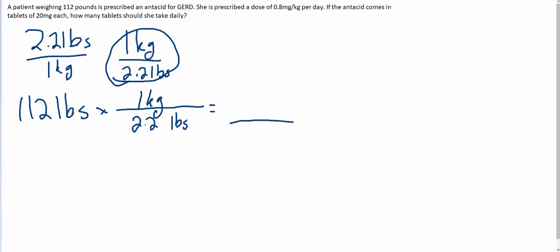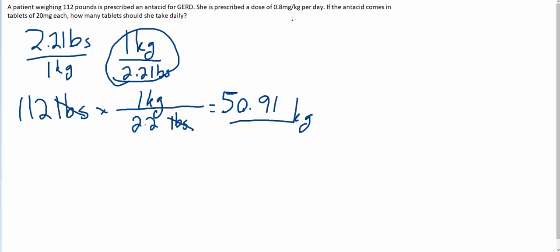And if you remember from algebra, when you have something on the top and something on the bottom, and they're the same unit, those cancel, and you're left with the unit remaining on top, which is kilograms, and that's what we want. So 112 times 1 divided by 2.2 gives us 50.91 kilograms.